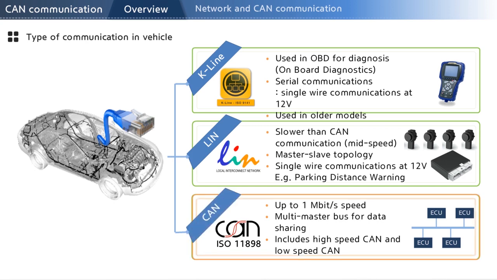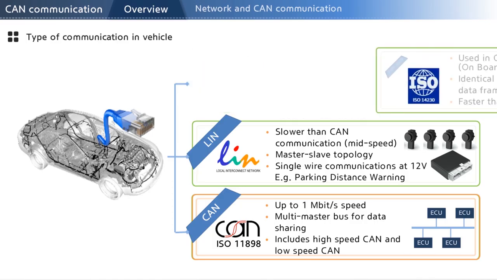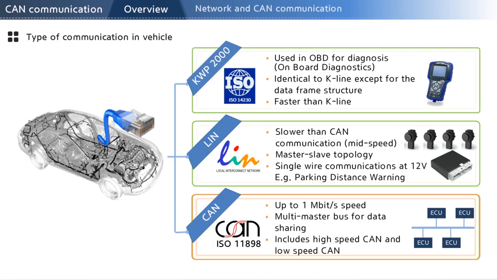Another protocol that is most commonly used in vehicles is the CAN communication, offering speed as an advantage. Note that KWP 2000, which is a keyword protocol for vehicular diagnostics, is similar to K-line, but KWP 2000 is faster, and its data frame structure is slightly different.